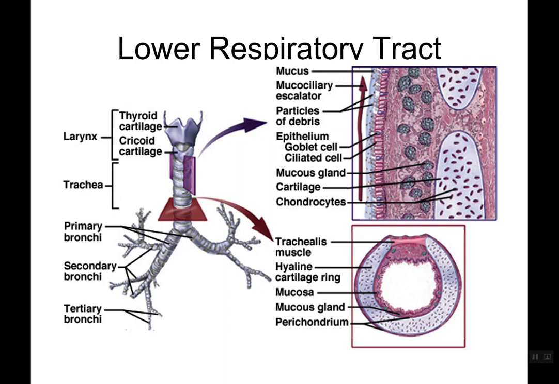But the bronchi and the trachea have the following in common. There is a ring of hyaline cartilage. There is pseudostratified ciliated epithelium lining the lumen. In the trachea, there are numerous glands, which produce lubricating fluid. And you're also going to see a lot of goblet cells in the epithelium to contribute to mucus production.